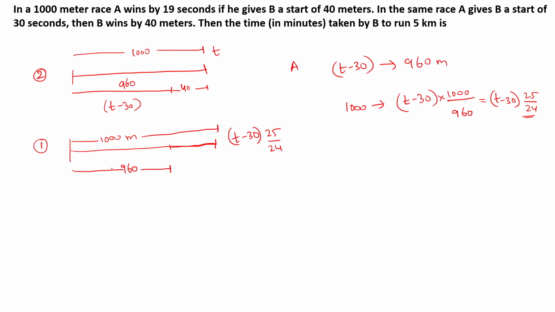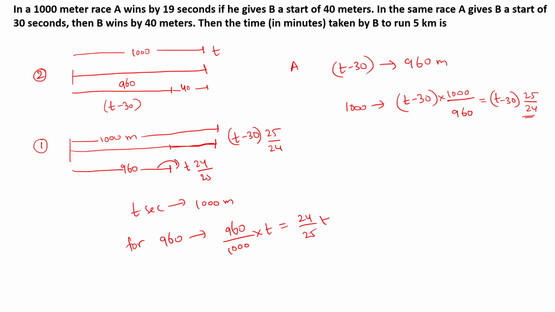Similarly for B, he has taken t seconds for 1000 meters. So for 960 meters, he will take 960 by 1000 into t, that is 24 by 25 t.